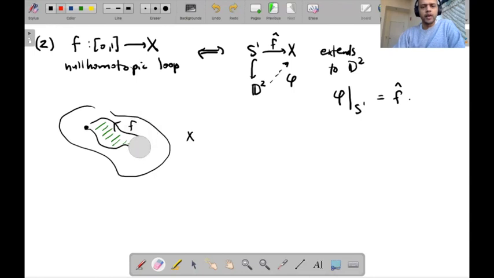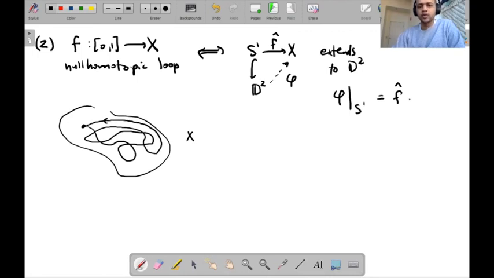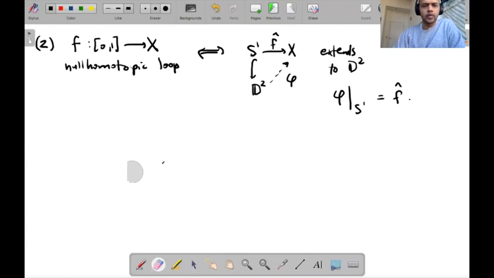But let me point out that f in general is not some injective map, so maybe it's hard to tell just from drawing a picture that the map extends to a disk. Okay, so let's actually write down a careful proof of this.